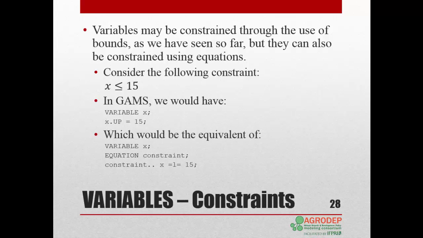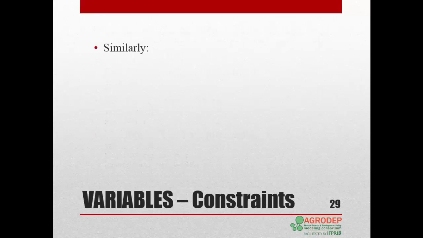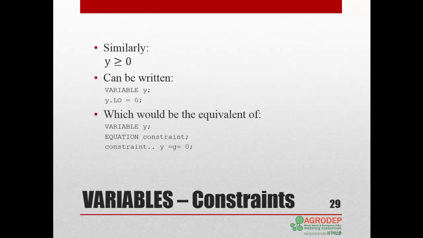This would be equivalent to defining an equation that we call constraint, for example, and setting the upper bound by using the relational operator =L=. Taking another example, we can express that y is greater or equal to 0 in two ways. By defining the variable y and setting its lower bound, or by using the equation definition constraint and the relational operator =G=.